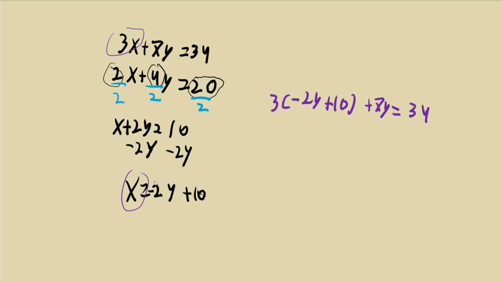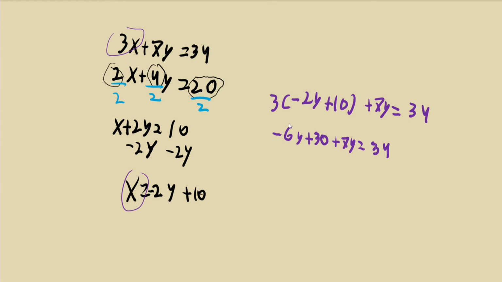So as you know, we just substituted this x for the x up here. So now we can solve for y and see the number of y. Let me erase this arrow right here, it's getting in the way. There we go, and let's solve. So 3 times negative 2y is going to be negative 6y plus 30, and then plus 7y is equal to 34.